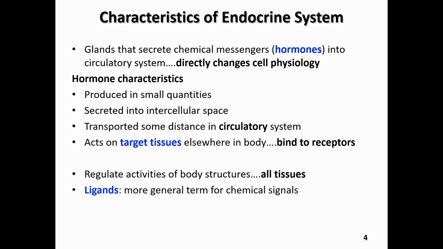The ligand is a very general term that refers to these chemical signals. So when a gland produces a chemical messenger or a hormone, it will act as a ligand that will bind to a protein functioning as a receptor embedded in the membrane of a distant cell.